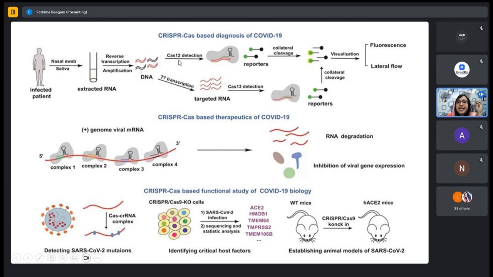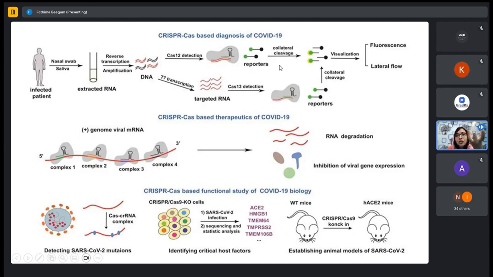Then the presence is detected by Cas12 as well as Cas13. As I said, collateral cleavage takes place if any viral particle is present, and it is visualized using either a fluorescence method or a lateral flow method. In therapy, RNA degradation occurs, then inhibition of viral gene expression.